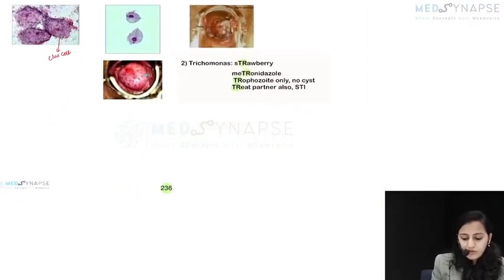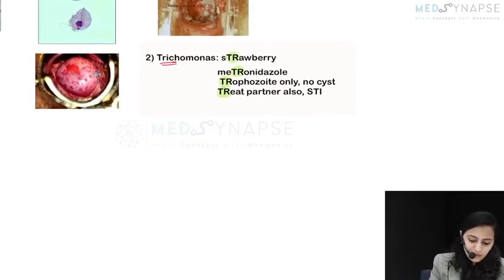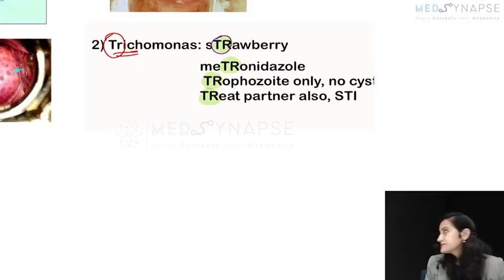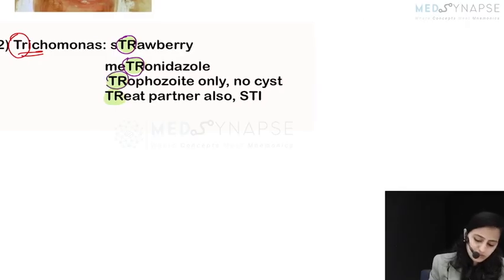For trichomonas, remember trichomonas has all the TR, TR, TR. Strawberry cervix, drug of choice, metronidazole. Is there a cyst stage? No, only trophozoite. Is there sexual transmission? Yes. So you need to treat the partner because it is sexually transmitted.